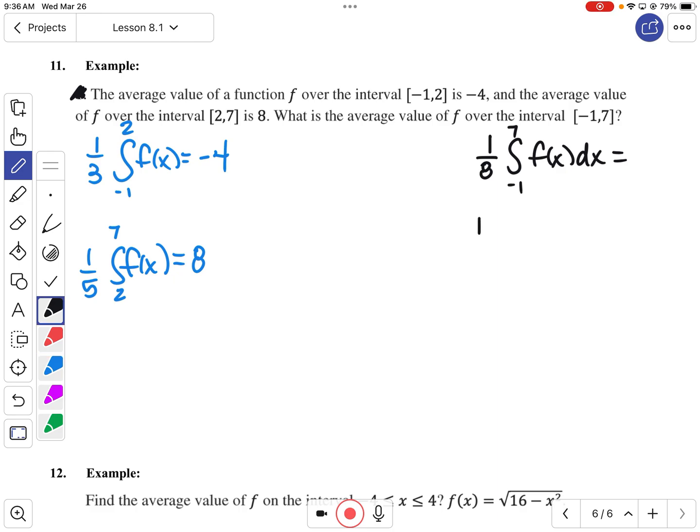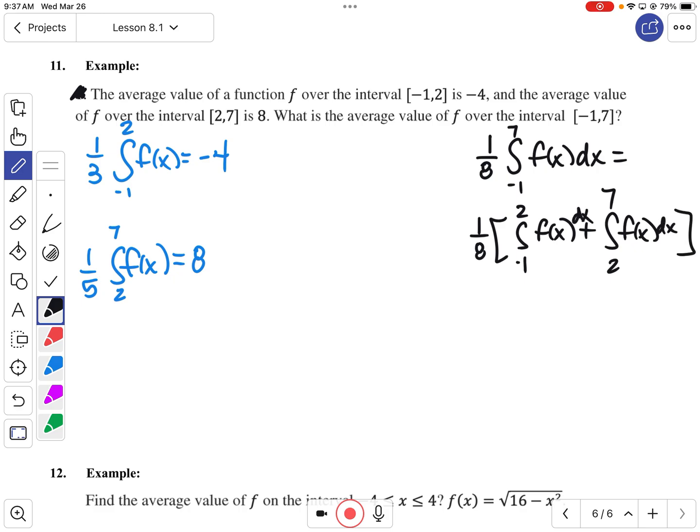Okay. Now, using our properties of integrals, I think we could do this. We've got an integral here from -1 to 2 and from 2 to 7. So to go from -1 to 7, it would be the integral from -1 to 2 of f of x plus the integral from 2 to 7 of f of x. Okay, we'd have dx's on there, right?